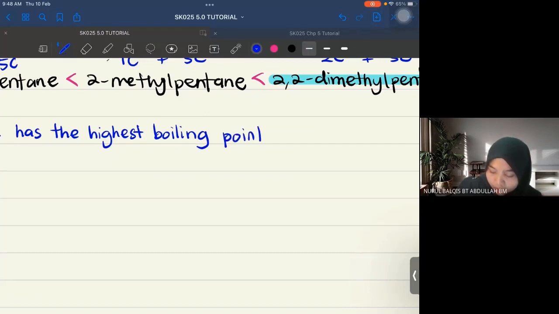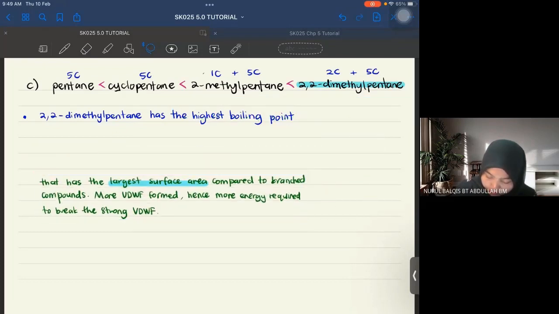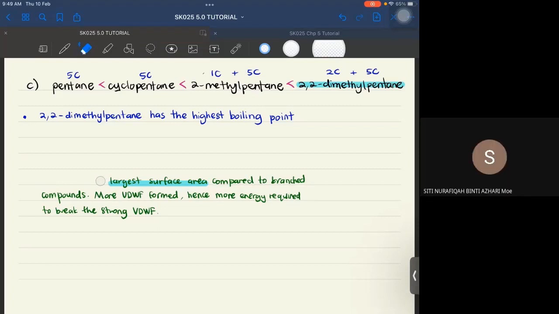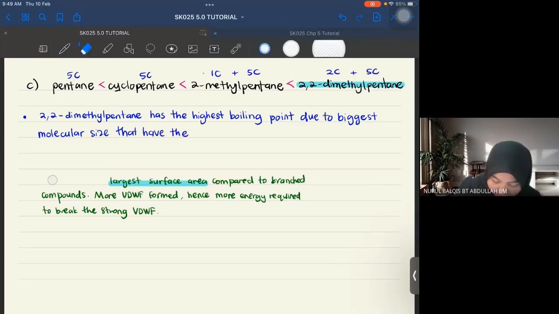Saya nak buat ayat. Due to the biggest molecular size that have the largest surface area, is it?